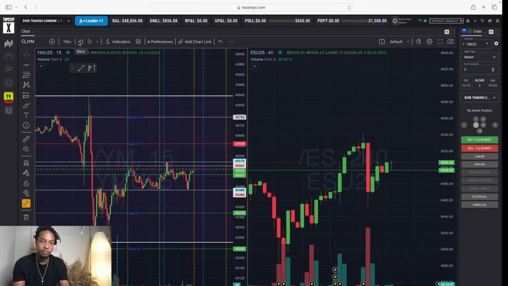Topstep is surrounded by it because they kind of have the guidelines to grow you as a career trader. So if you literally follow their guidelines, or what they're trying to get you to do, to go from eval to XFA, sim funded, getting payouts, and then go into the live environment. If you follow it step by step, you're going to be doing what professional traders have always been doing since the industry has been built.